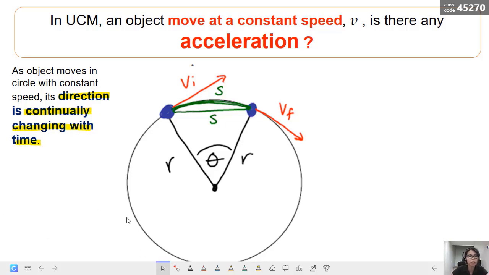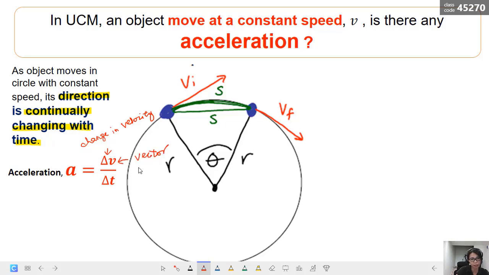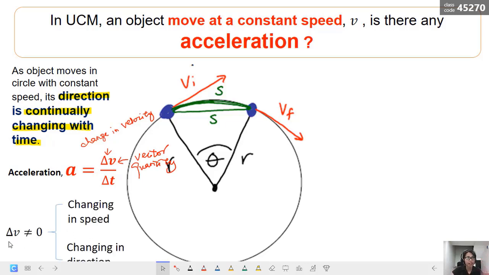Acceleration is the change in velocity over time. Velocity is a vector quantity. Thus, change in velocity will not equal 0. There will be a change in velocity when we have a change in speed or a change in direction.